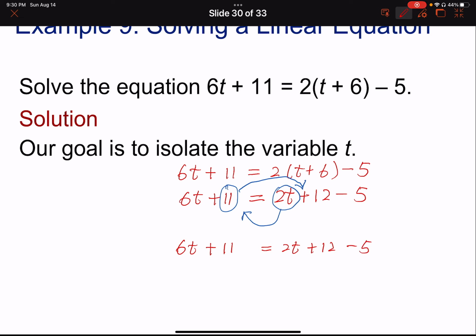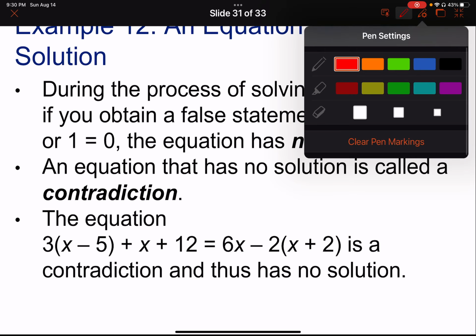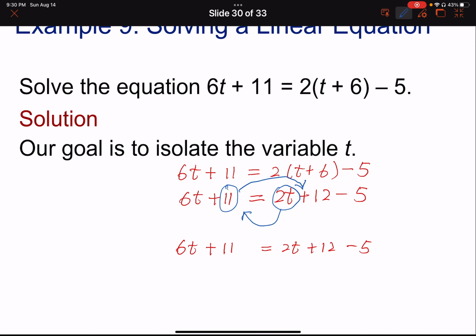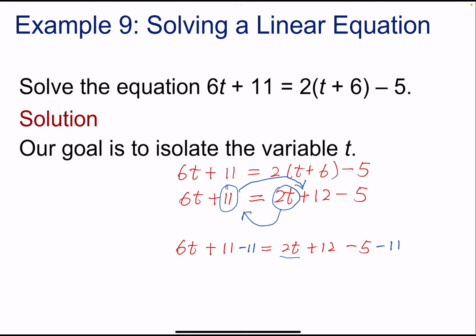So to move 11 from the left-hand side to the other side, what I can do is subtract 11 from both sides, right? And then to move 2t to the other side, what I can do is subtract 2t from both sides, right?